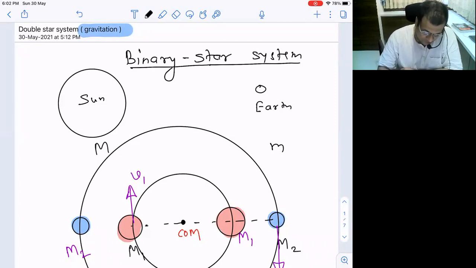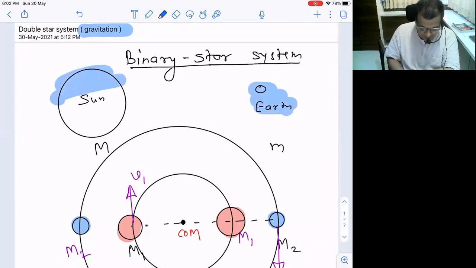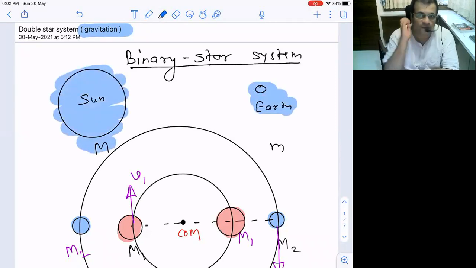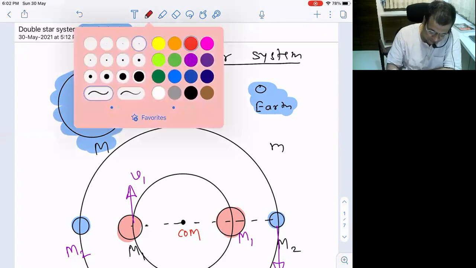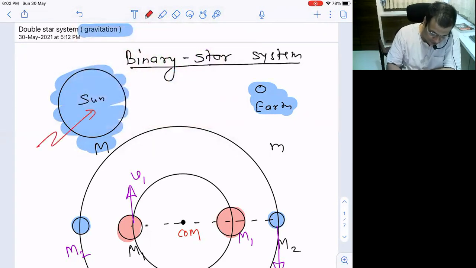What happens, friends, when we talk about the earth and the sun system, then notice that the sun has a mass very large as compared to earth, and therefore the center of mass of this particular earth and sun system lies inside the sun, at the COM of the sun.